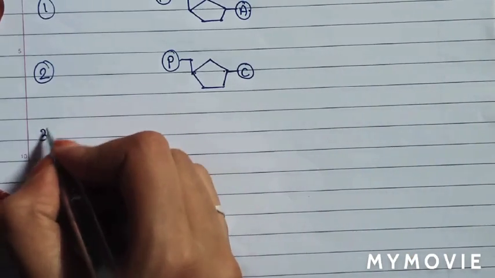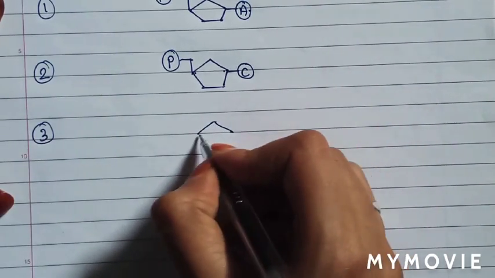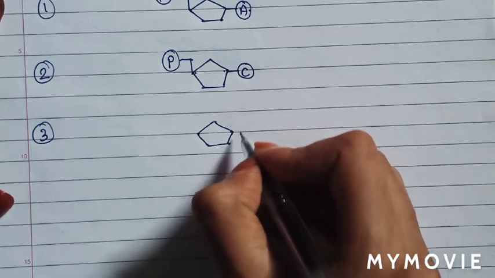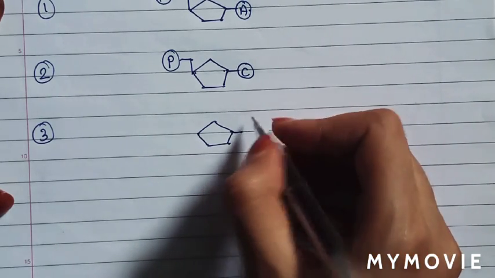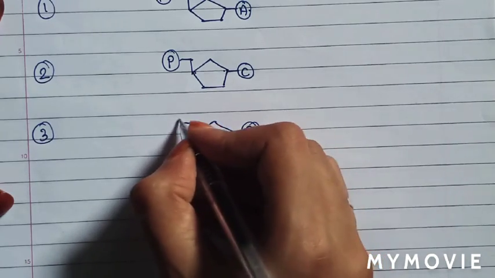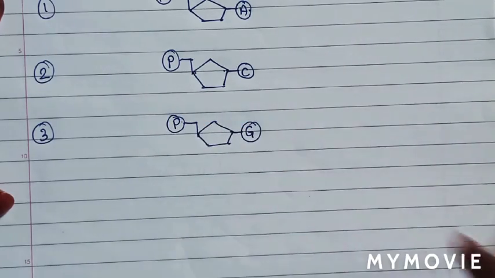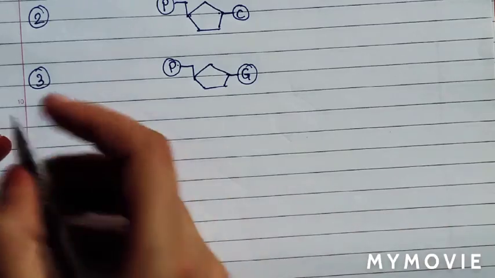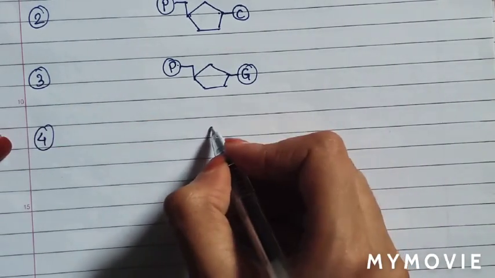Now the third one: this pentose sugar gets attached to the nitrogenous base guanine and forms another deoxyribonucleotide, and the fourth one is of thymine.